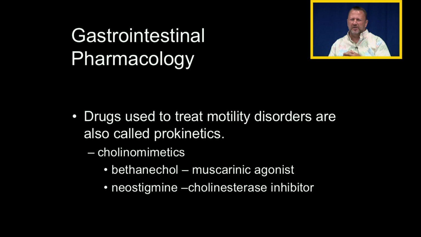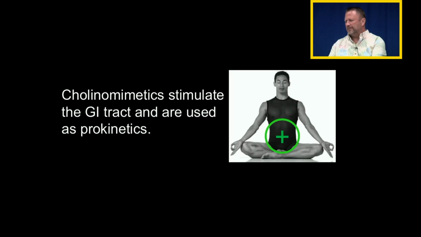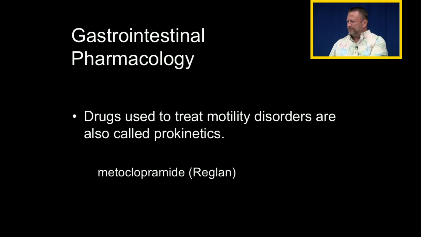They are cholinesterase inhibitors. Remember, acetylcholinesterase breaks down acetylcholine, so by inhibiting the breakdown of acetylcholine, we end up with more acetylcholine in the synapse, and so that's how the stigmines, so the cholinesterase inhibitors, are cholinomimetic drugs. And so you'll also hear those listed as prokinetics, meaning increase the motility of the gastrointestinal tract. Cholinomimetics stimulate the gastrointestinal tract and are used as prokinetics. I think we mentioned that.